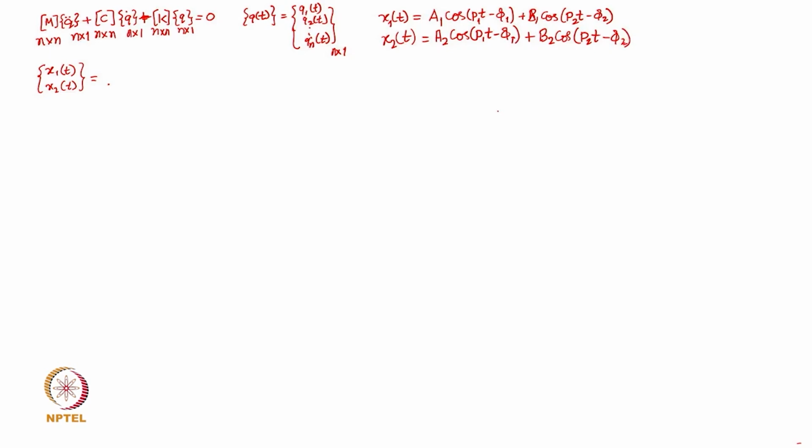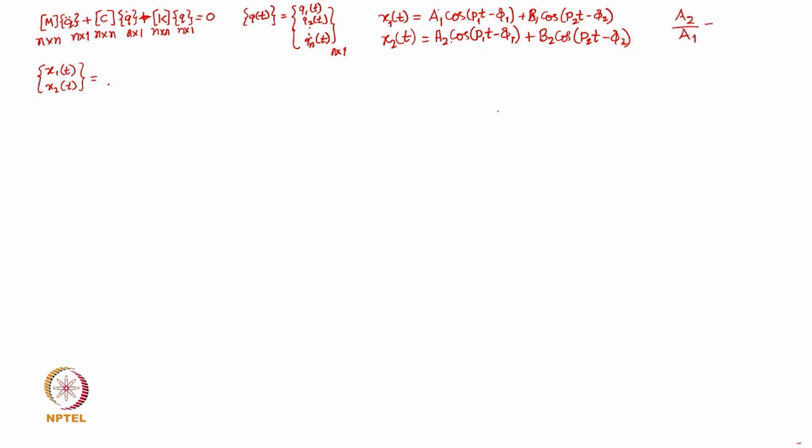You remember that a1, b1, a2, b2, phi 1, phi 2 are all the arbitrary constants which need to be found using the initial conditions. But we also know that if the contribution comes from p1 or the first mode, the amplitudes of the first and second mass maintain some relationship, right, and that relationship is nothing but your mode shape.